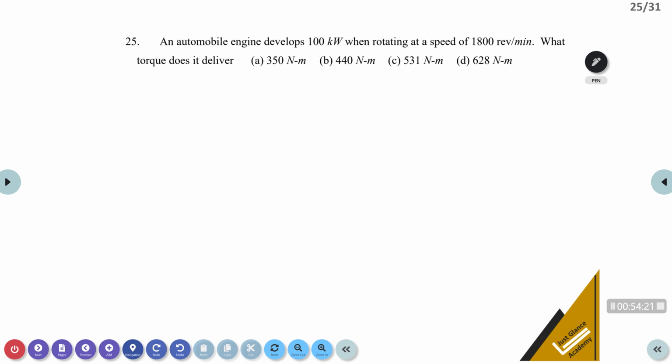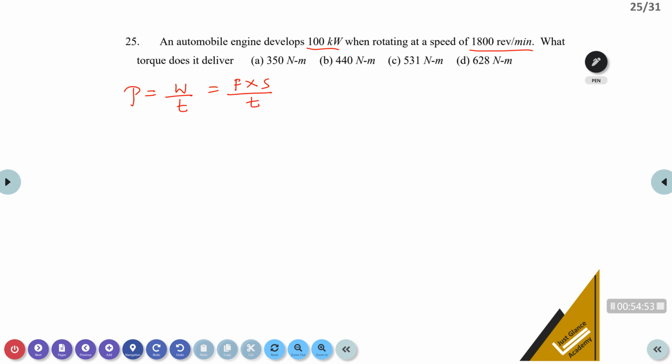Question 25. An automobile engine develops 100 kilowatt power when rotating at a speed of 1800 revolutions per minute. What is the torque acting on it? Remember, students, always correlate the relation between translational motion and rotational motion. In translational motion, power equals work divided by time, and work equals force into displacement.